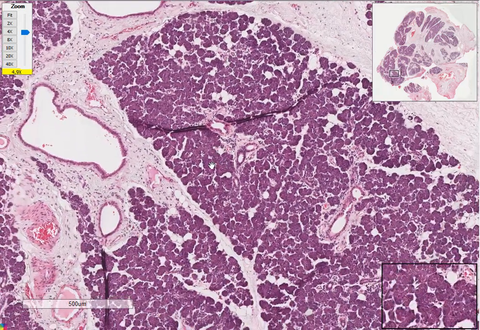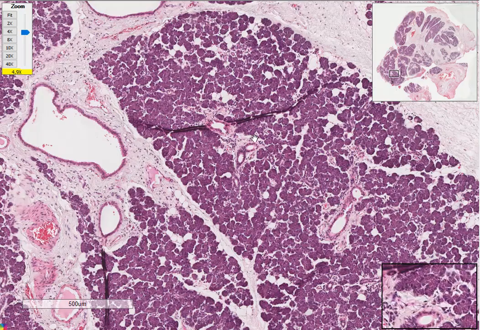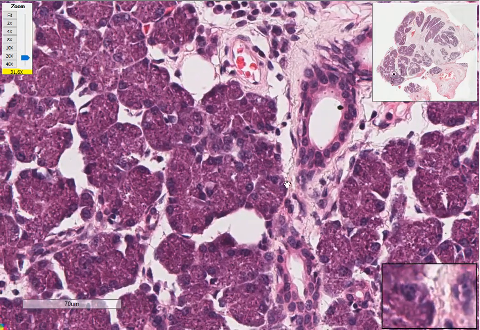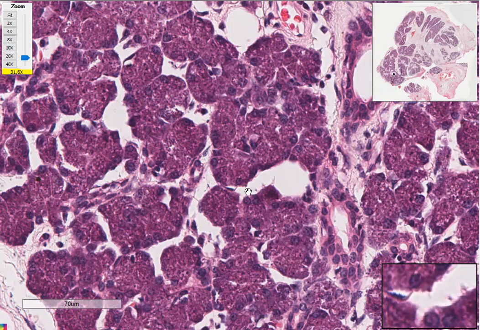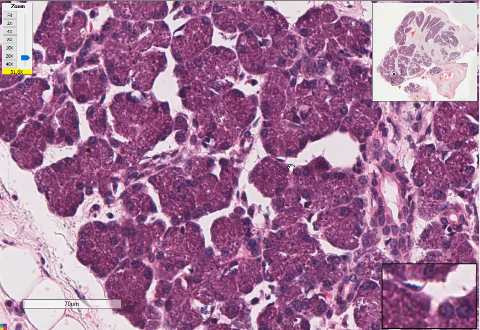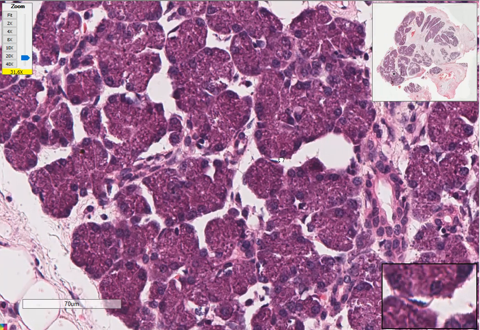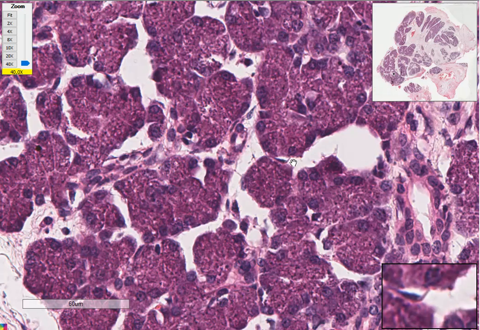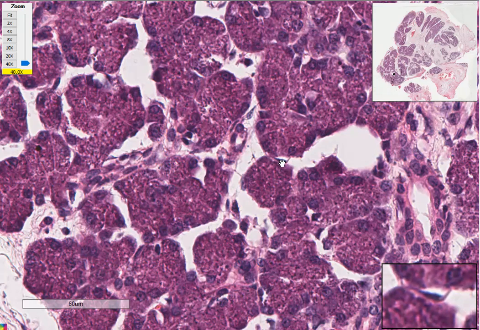So these acini have a contractile cell that helps them secrete, the myoepithelial cell. So this is a myoepithelial cell. You can almost see it being spindled.